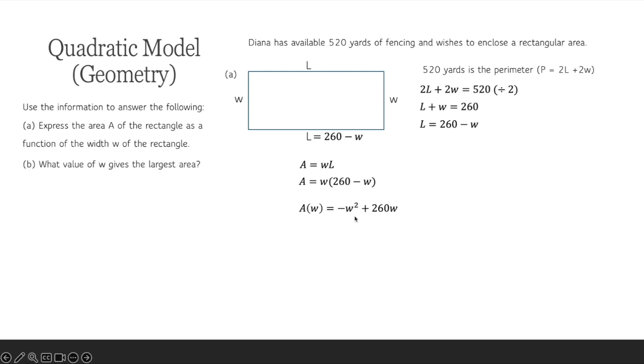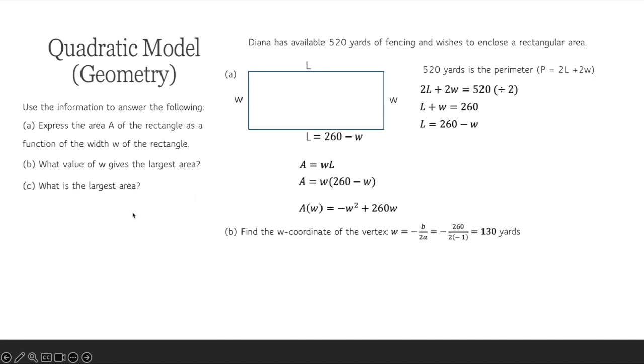Now let's see, second, what can we explore here? What is the value of W that gives the largest area? It is by finding the W coordinate of this vertex, and it is minus B over 2A. And then you replace the value for B, 260, the value for A, which is -1, and you have 130 yards. If the width is 130 yards, she will have the largest area possible.